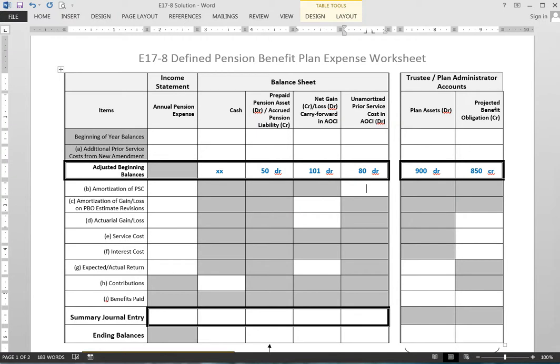Now, amortization, remember, means reducing the balance of an account. So if unamortized prior service cost has a debit balance, and I'm going to amortize or reduce that balance, I need a credit entry in order to do that. I need a corresponding debit entry somewhere, and the only allowable place on the spreadsheet for a corresponding entry is under the annual pension expense. And so each one of these lines, items B through I, will be self-balancing.